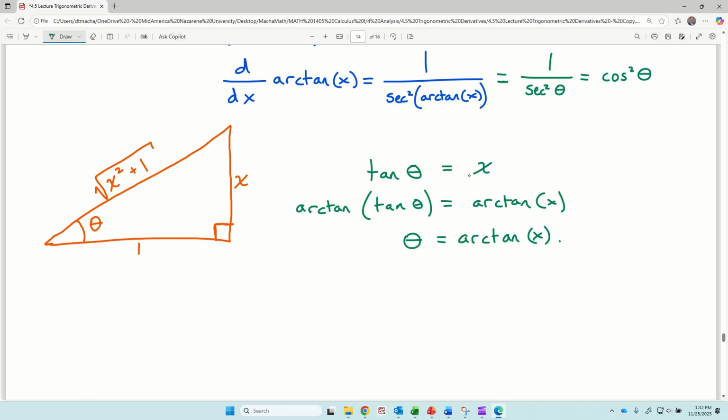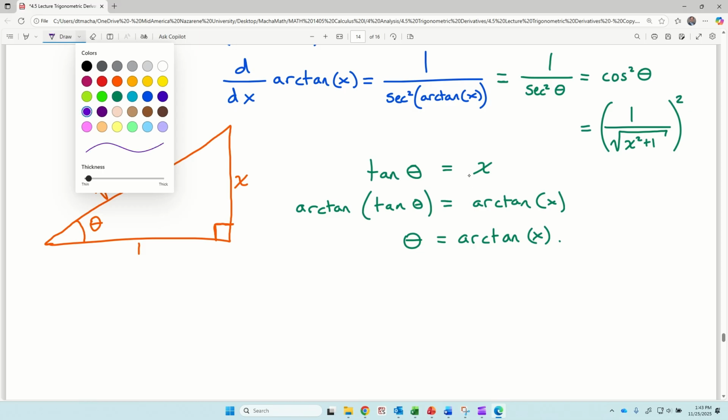Cosine is the adjacent side divided by the hypotenuse, because that's the definition of cosine, the ratio of the adjacent side over the hypotenuse. Well then let me replace cosine with 1 divided by the square root of x squared plus 1. And don't forget I had cosine squared.